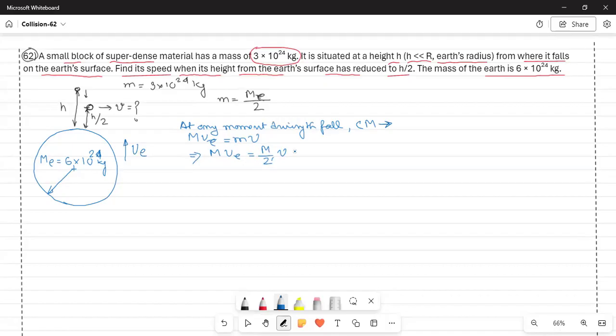From here we get velocity of the Earth is equal to the velocity of the smaller body v divided by 2, right?